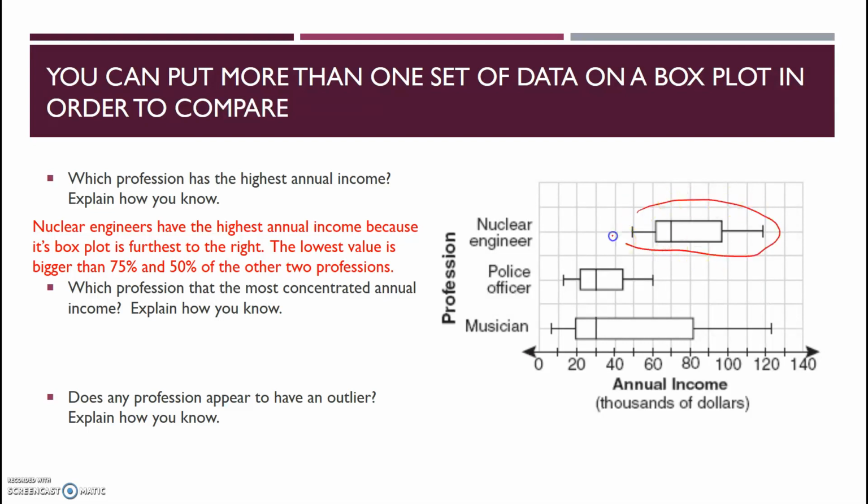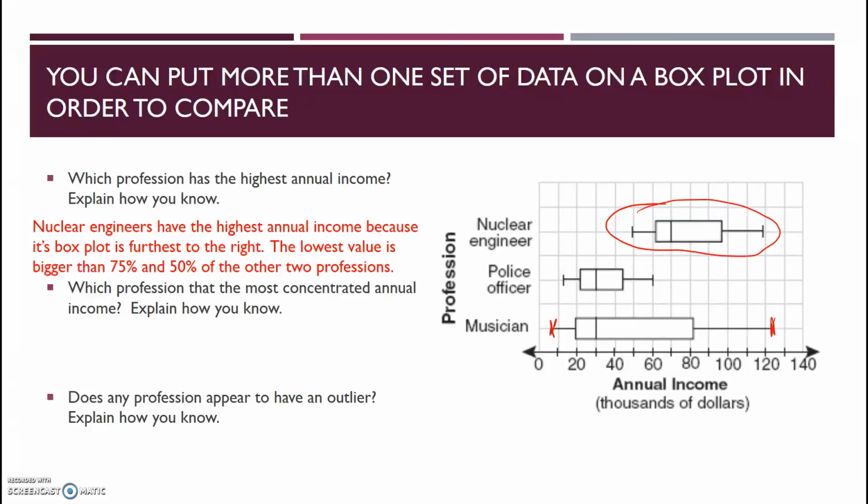So just a quick visual, I'm going to say, well, this one's been moved more to the right overall than the others. See, musicians are more spread out. So they've got some really low values and some really high values. So it's less easy to determine how much you would make annually if you were a musician.